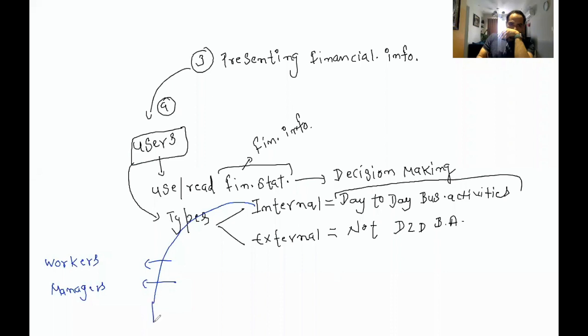And the third one is the top level of people. Could be a chief executive officer, a director, chairman, vice president, president, and so on. These kinds of people are known as internal users. Why internal users? Because they are involved in regular activities, in day-to-day business activity, or they come to the company every day, right?